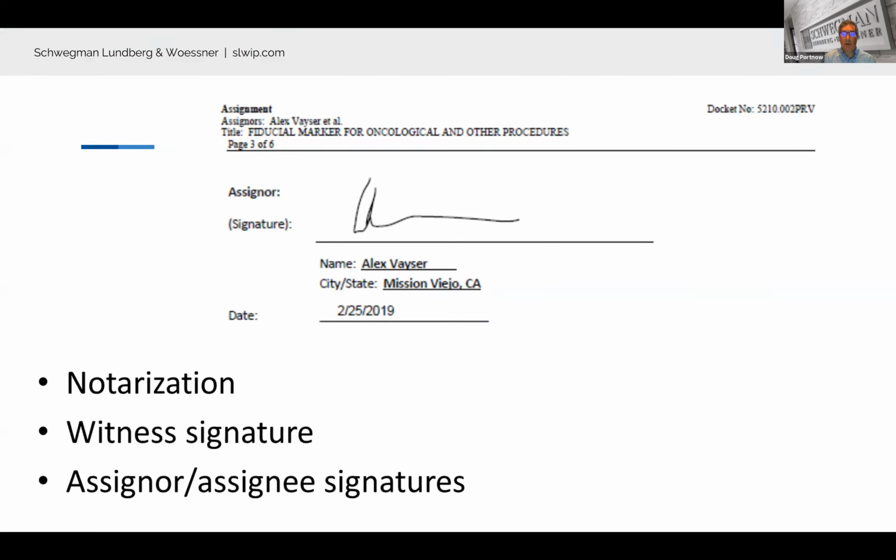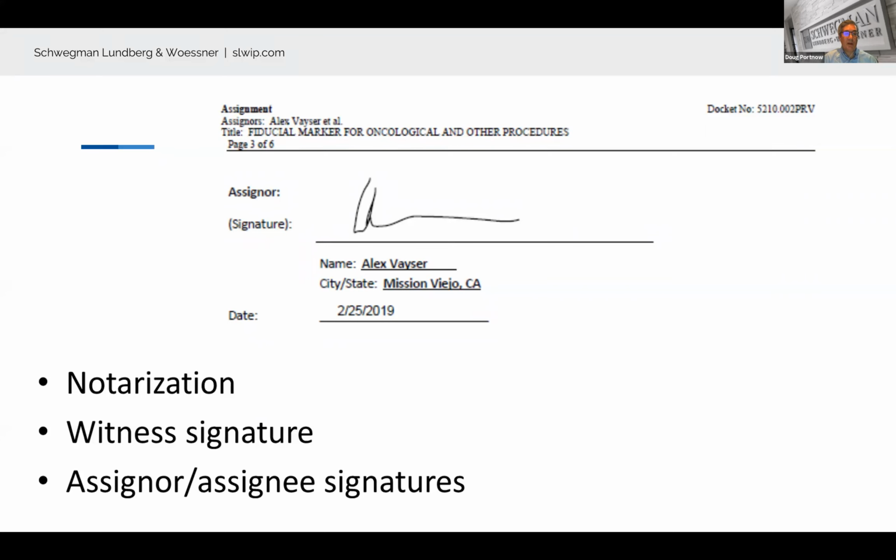But you should be aware that different jurisdictions may require notarization, a witness signature, or acknowledgement by the assignee. For example, in Europe, typically you need the assignee's signature. So be aware that one assignment form may not work for all jurisdictions and you may have to modify the form. It's best to talk to your foreign counsel to make sure that these forms are correct.